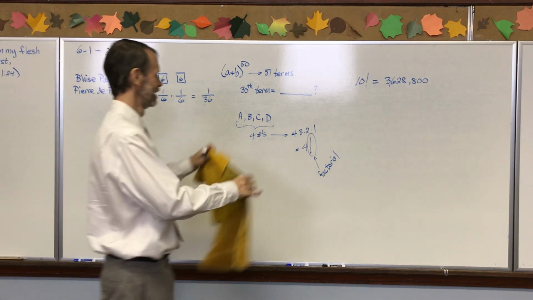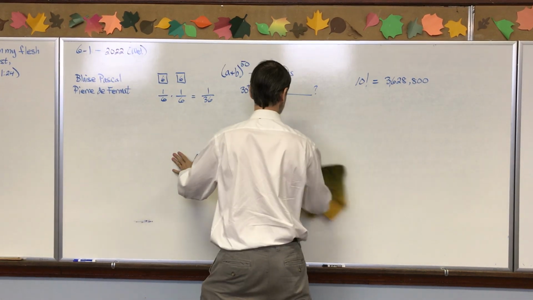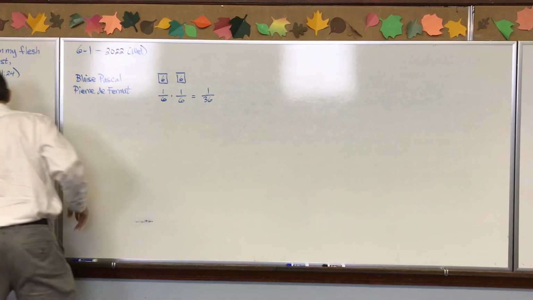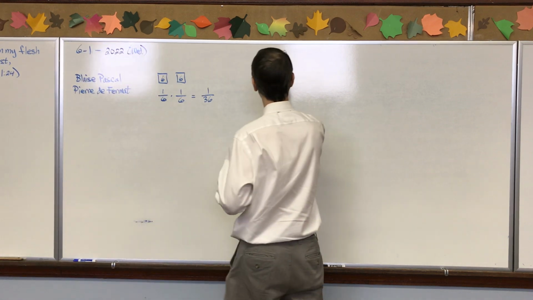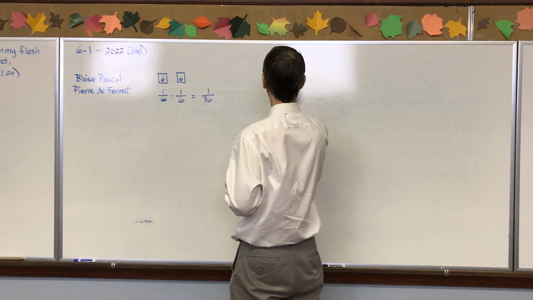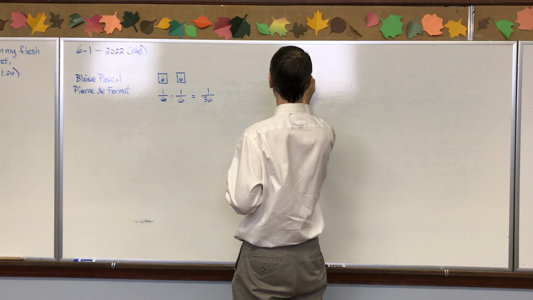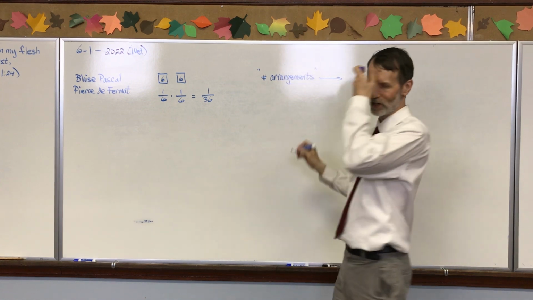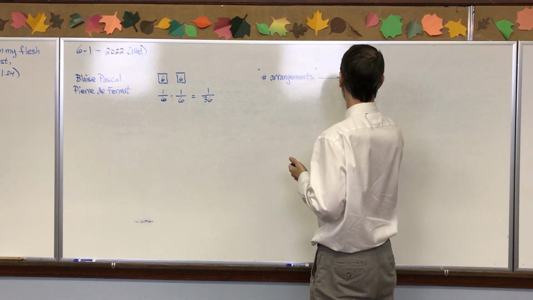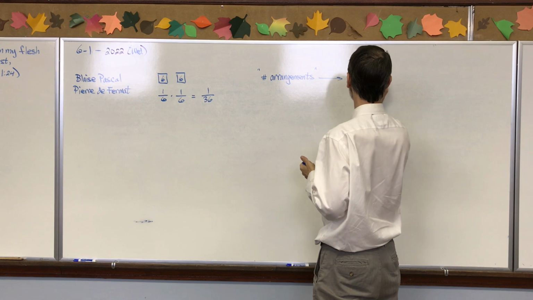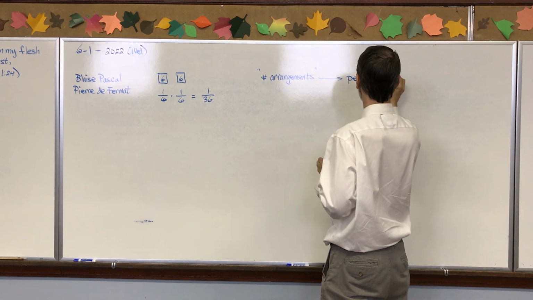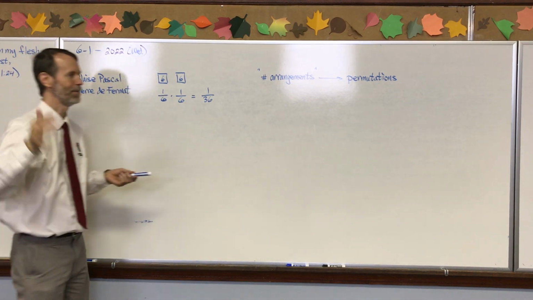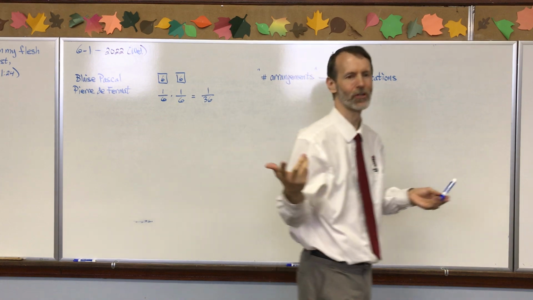Now, let's get down and nerdy. What you just played with, the number of arrangements, we were calling it the number of arrangements. There's a technical math word for this. They're called permutations. This is from the Latin, per means through, and mutation means to change.